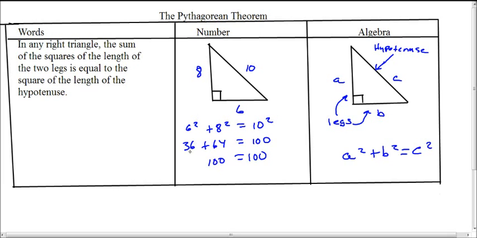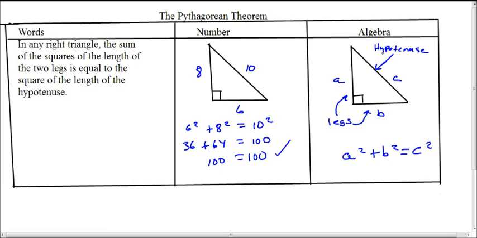We're squaring them both, and we have the given hypotenuse is 10, and we're squaring them both. 6 squared plus 8 squared equals 10 squared, and of course 6 times 6 is 36, 8 times 8 is 64, 10 times 10 is 100. We add and we see that indeed it does.